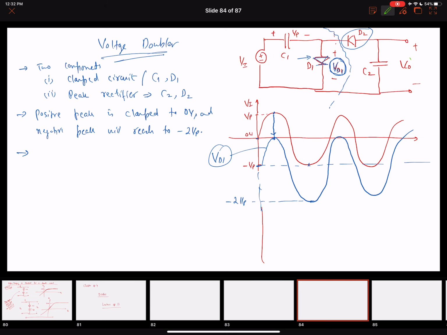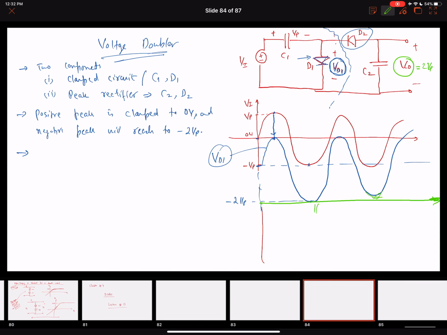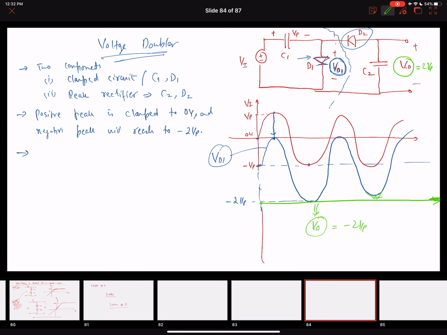It is going to charge the capacitor to minus 2 Vp, and then it will remain constant, because there is nothing else here to discharge the capacitor. And this is V naught. So V naught will become minus 2 Vp, and that is why it is called a voltage doubler.